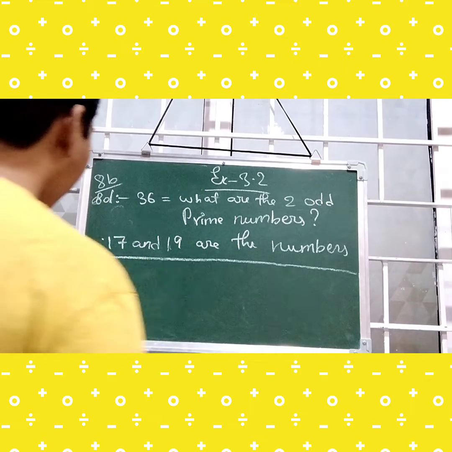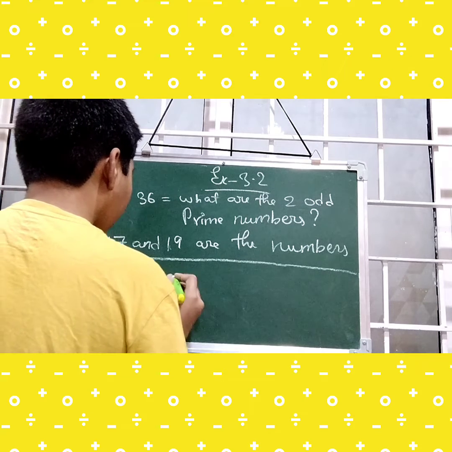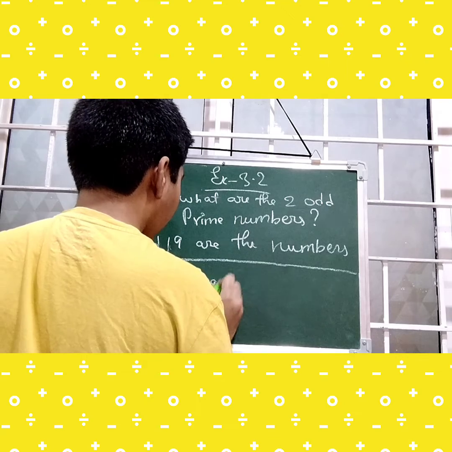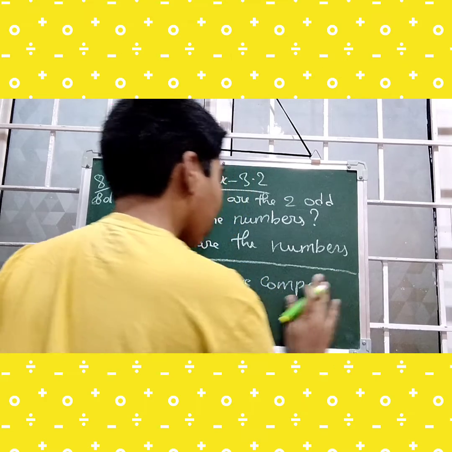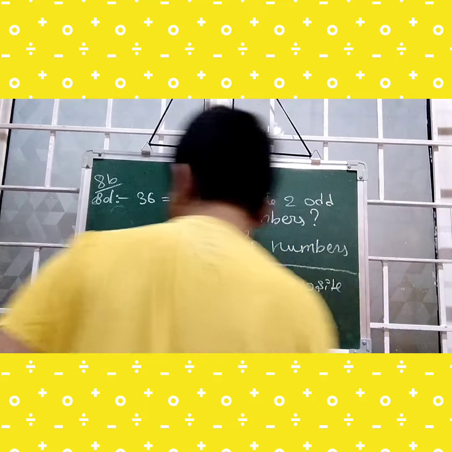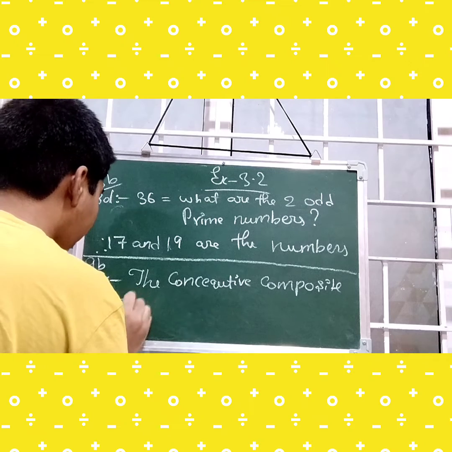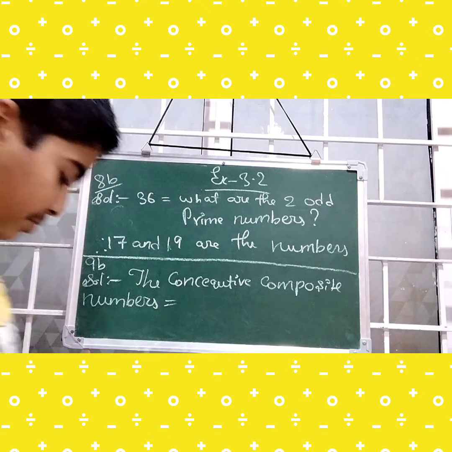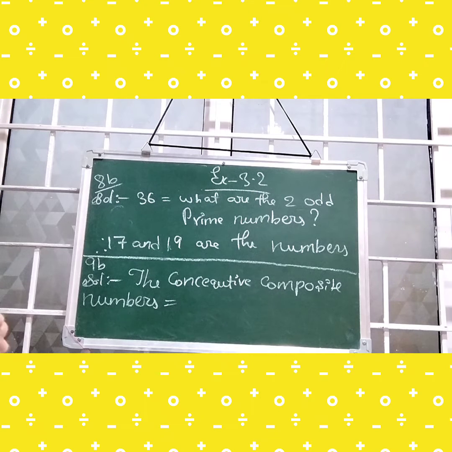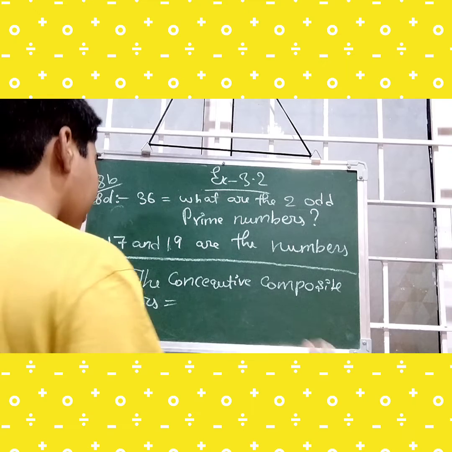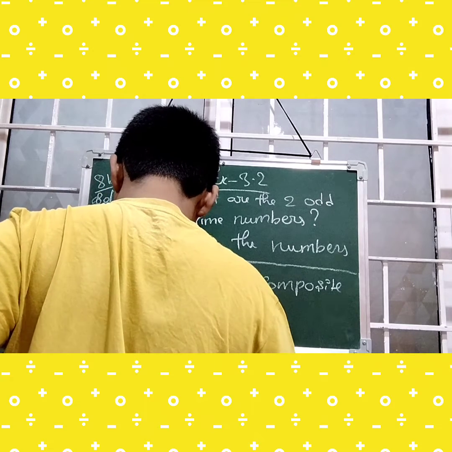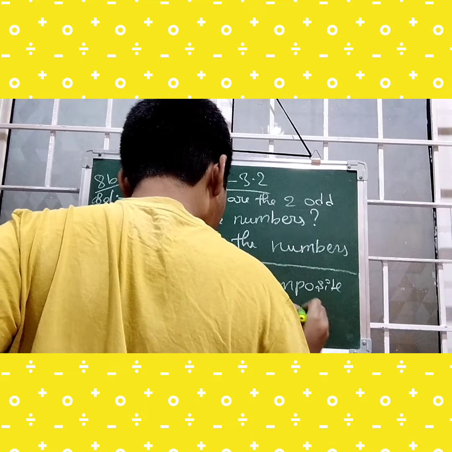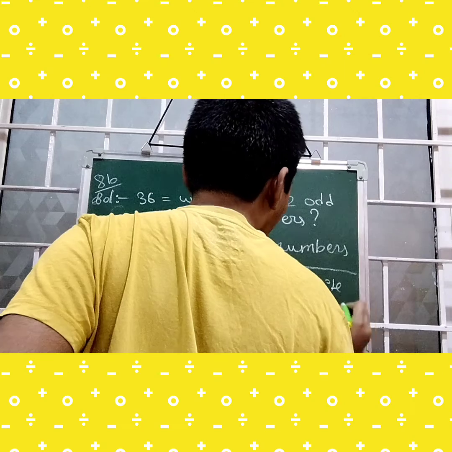So the consecutive composite numbers below 100 are 90, 91, 92, 93, 94, 95, 96.